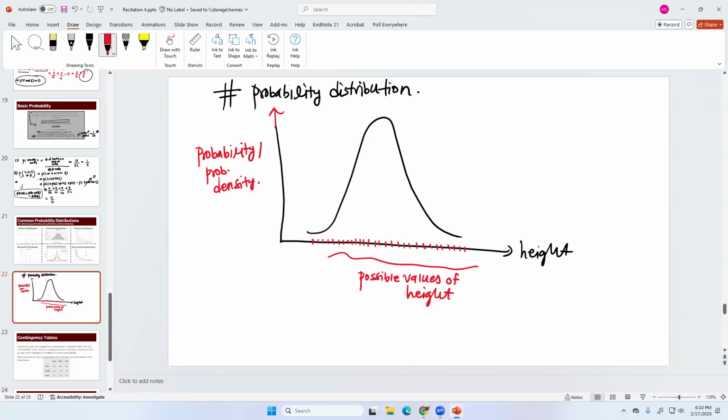So what the probability distribution tells you is that it gives you a probability for each possible value of a variable, for example, height. If your data set follows a normal distribution with some mean and some standard deviation, this is the mean, this is the standard deviation, then this is the probability distribution for height.